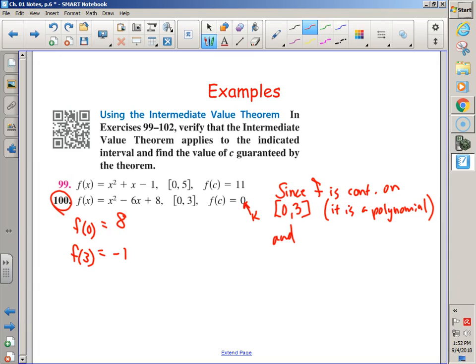Okay, am I good? Is 0 in between f of a and f of b? Okay. Going between 8 and negative 1. Yeah, 0's in between 8 and negative 1. Okay, good.